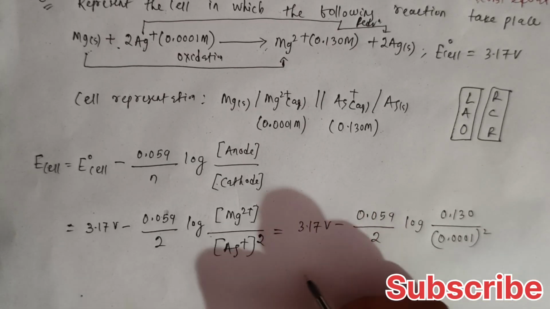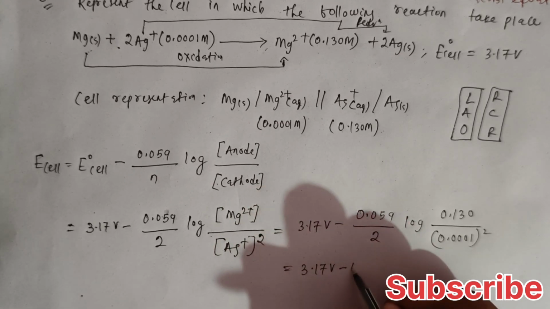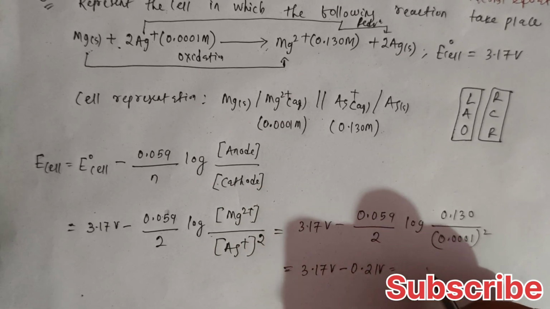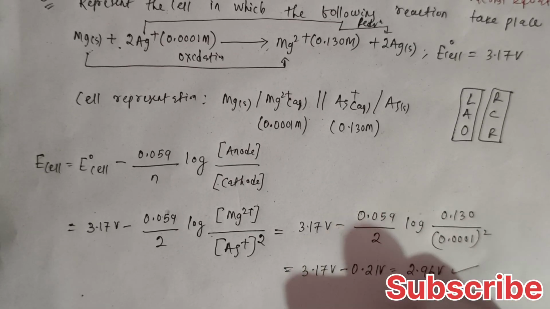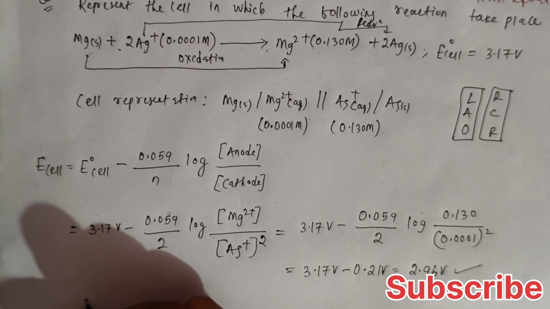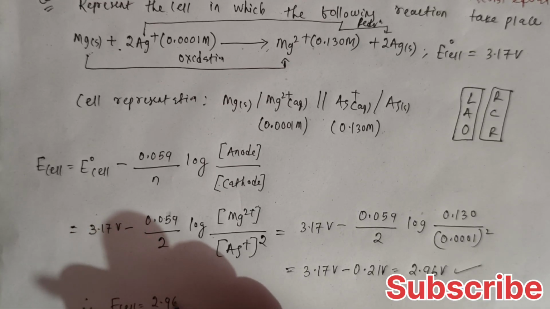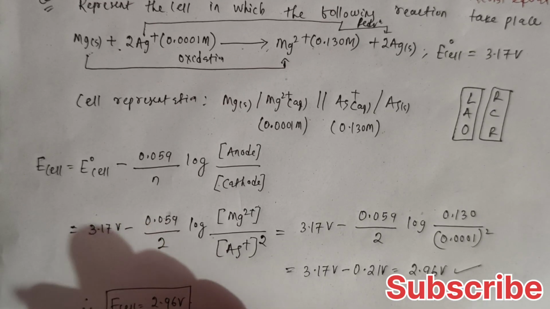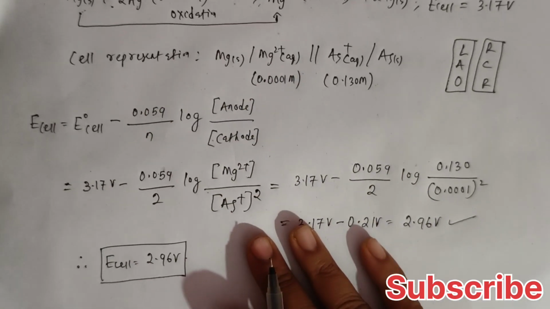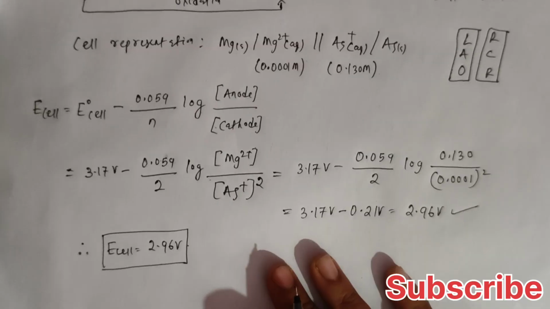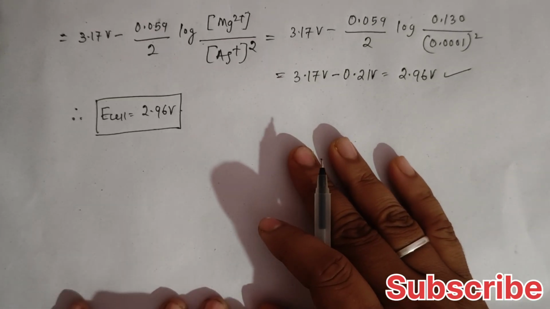By calculating this, we easily get 3.17 volt minus 0.21 volt, which equals 2.96 volt. So E cell is equal to 2.96 volt. Clear? So by using this formula, we can easily calculate the EMF of a cell, or cell potential. I hope it is clear to all of you.